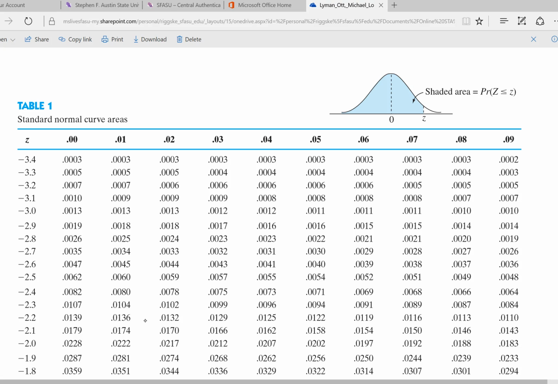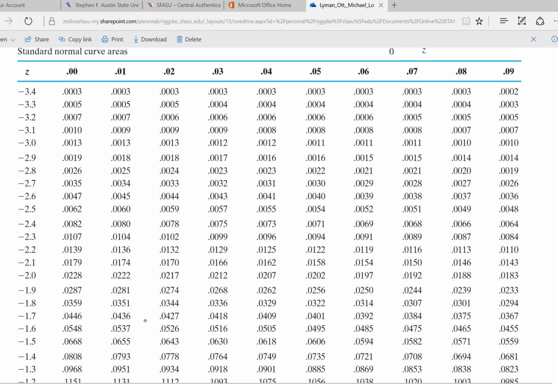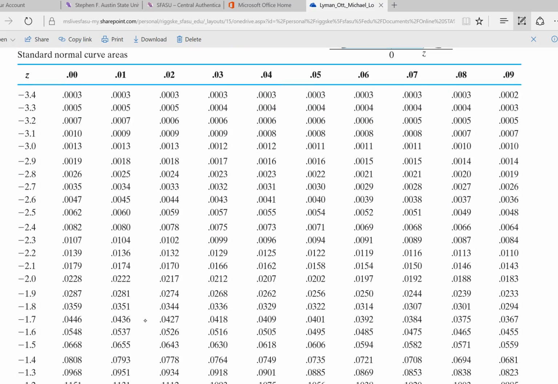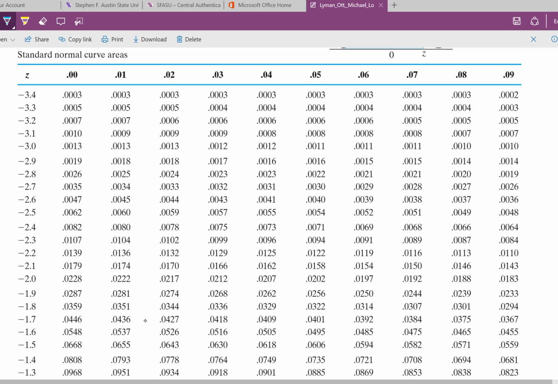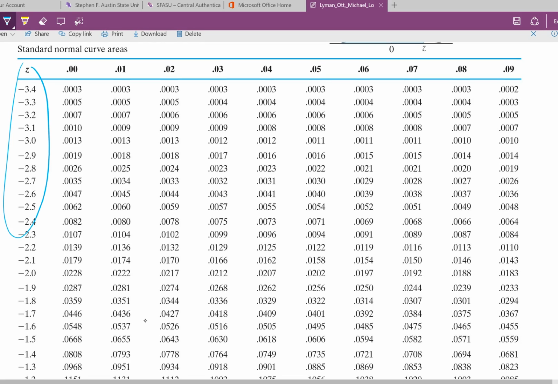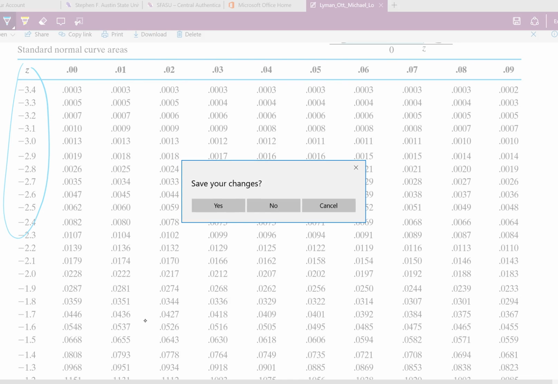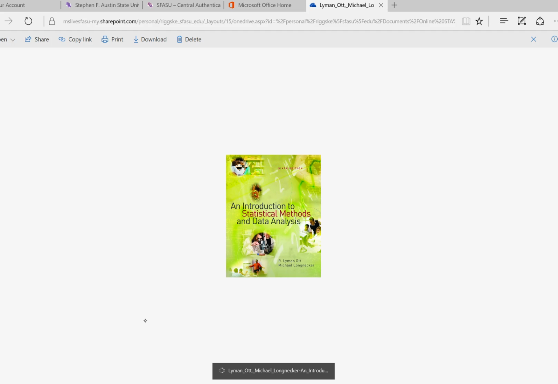Okay, so I want to go to z equal 1.64. Looking at the leftmost column that gives me my z values, I'm going to scroll down.